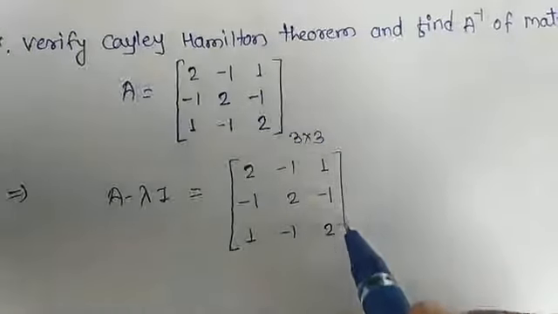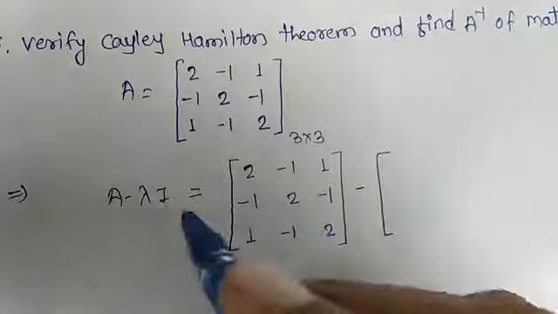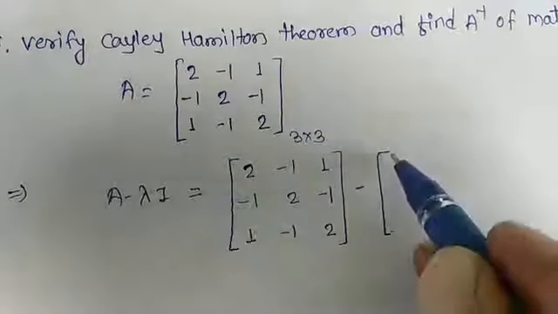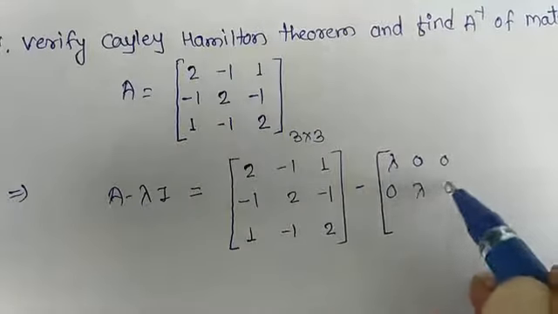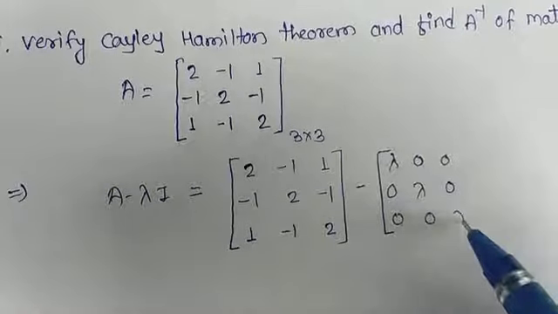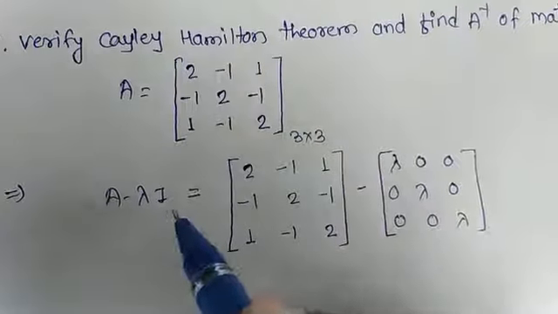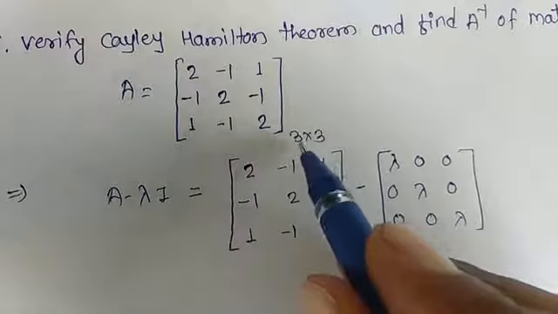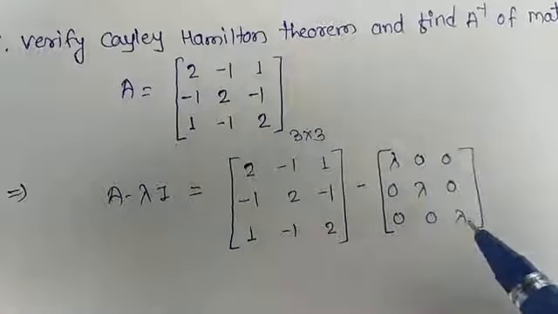Lambda I, where the identity is of order 3, can be written as lambda 0 0; 0 lambda 0; 0 0 lambda, since the diagonal entries of lambda I will all be lambda.